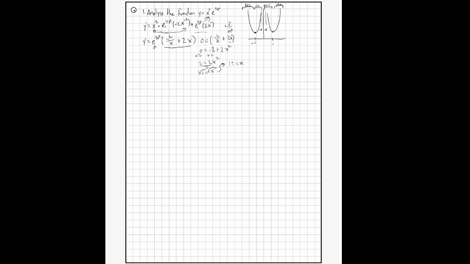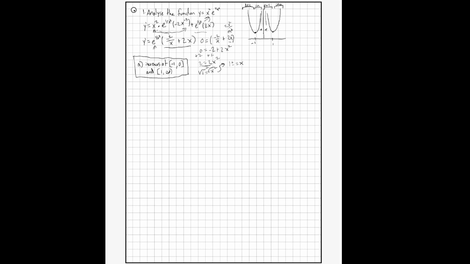And then from 1 to infinity, it's increasing on this side, right? So for part A, when it asks us to find where the function's increasing, it increases at negative 1 to 0 and 1 to infinity. Right? Alright, so that's the answer for part A of this problem.